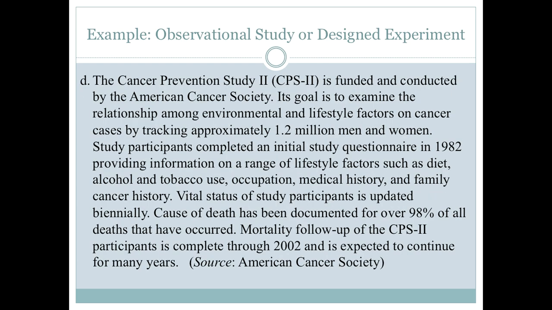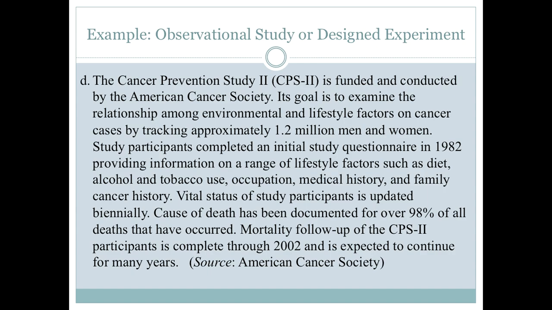And finally, this one here: a cancer prevention study, funded and conducted by the American Cancer Society. Its goal was to examine the relationship among environmental and lifestyle factors on cancer cases by tracking 1.2 million men and women. And it looks like in 1982 they provided some information. Vital statistics are updated biannually.